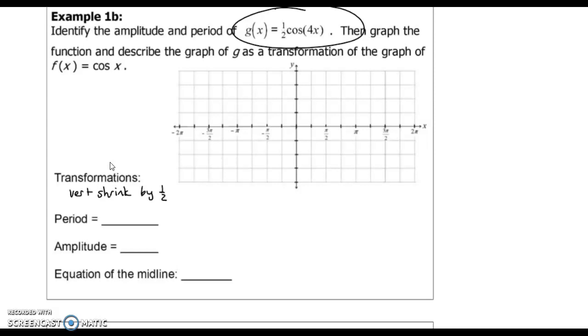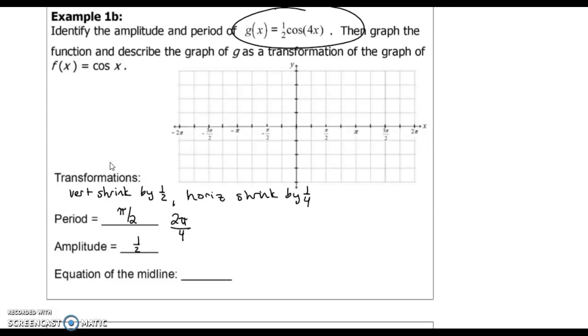That's going to affect the amplitude. The amplitude is going to be 1/2 or 0.5. And then it has a horizontal shrink by 1/4. Sometimes students try to plug in 2 pi divided by 1/4, but it's just divided by the b value, so it's divided by 4, so that means the period is every pi over 2.